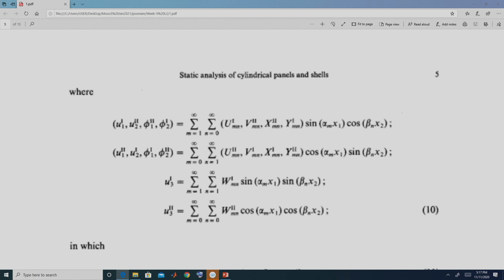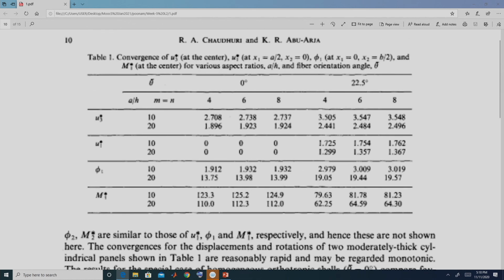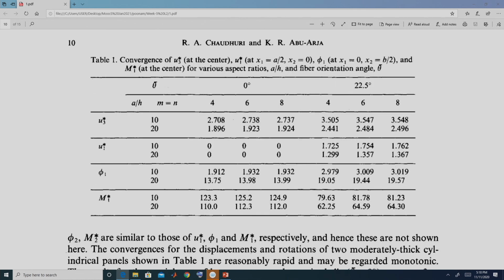The students or the learners can go through these papers and understand, and definitely I would like to discuss some results here. You can see that the results are presented for different a by h, when m is equal to n, then taking the terms m 10 and 20, we are getting the converged values, whether 4, 6, 8, 6.